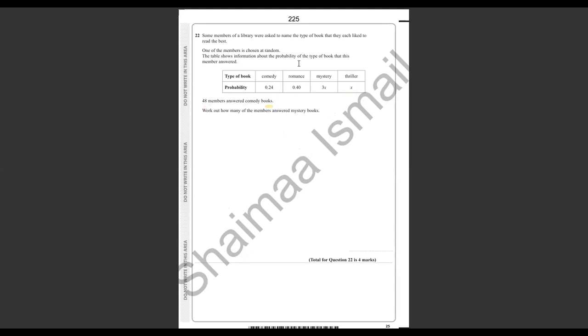So here we have the comedy is 48. Again, we make the schedule. Let's say one probability and one number. So we have the number and we have the probability. Again, we do this table that helps us a lot. So we say here the number of books or whatever they have, number of children, number according to the question, and the probability itself.